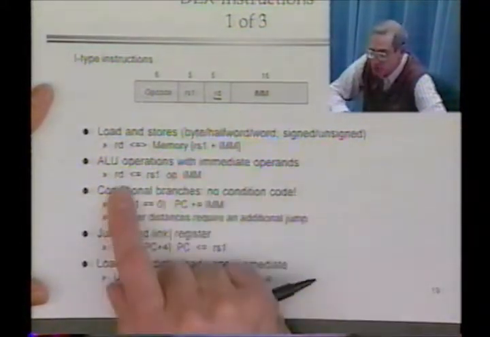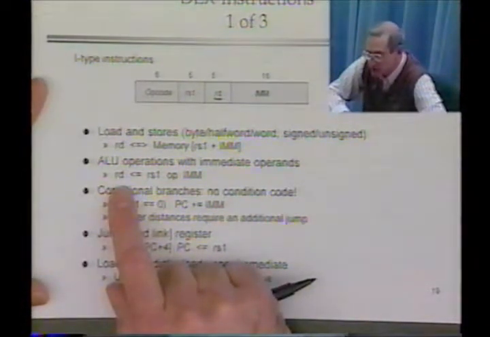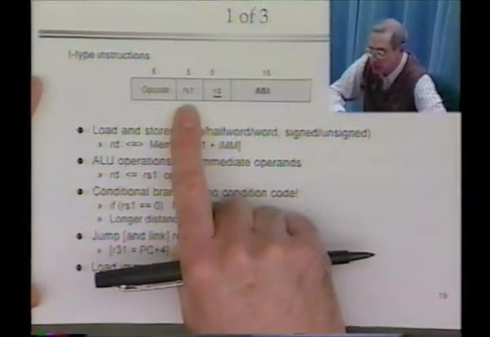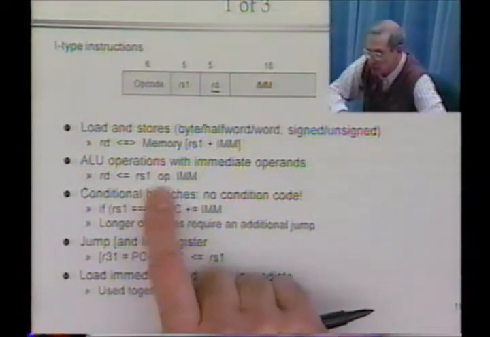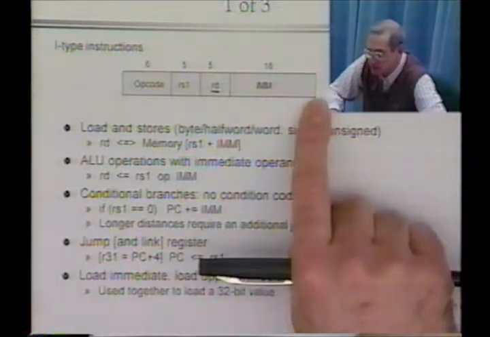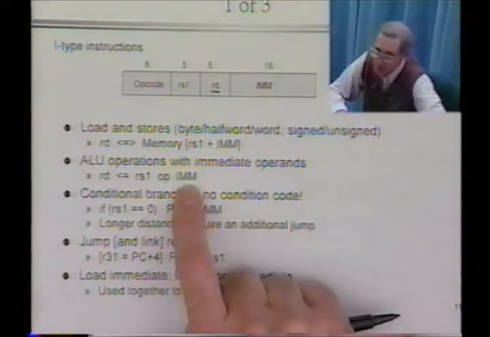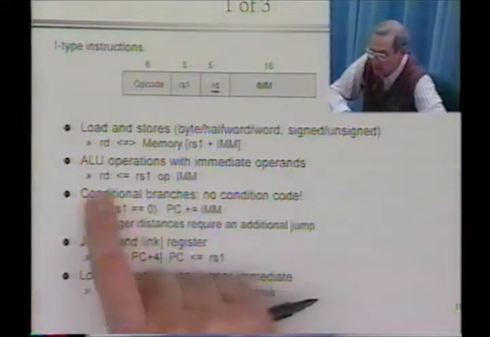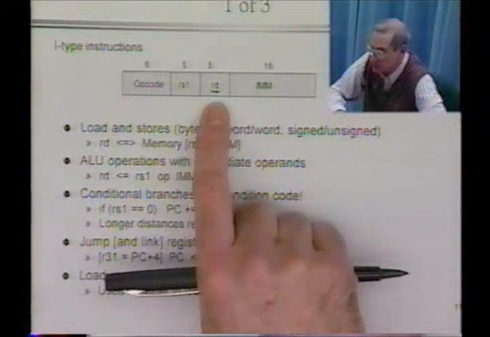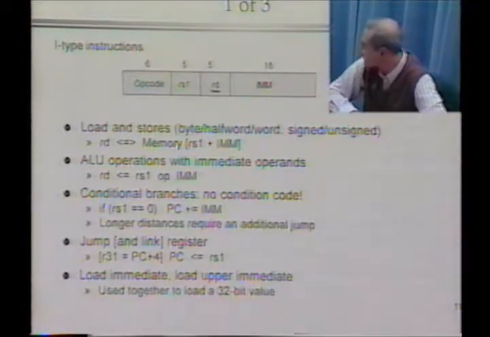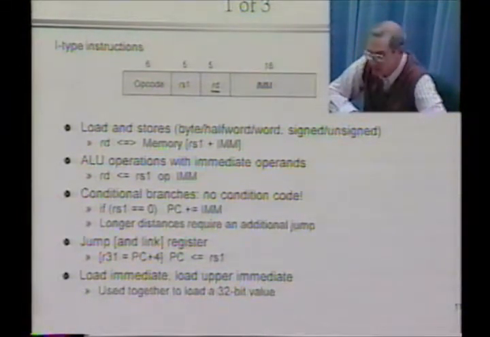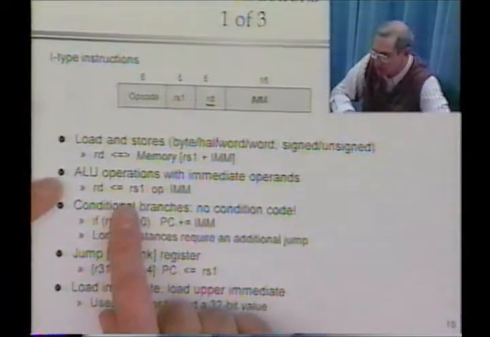In addition, this mode is used for ALU operations. If you want to add a constant to a register, then you specify that register in RS1. You encode the constant in the 16 bits of immediate, which then gets sign extended to 32 bits wide, and the result is stored in the register specified by RD. I assume this is all fairly straightforward, right?